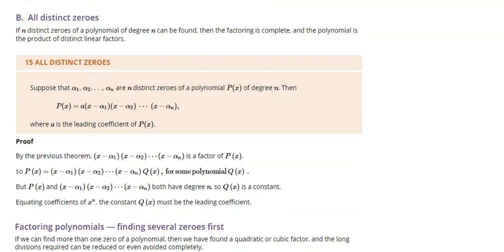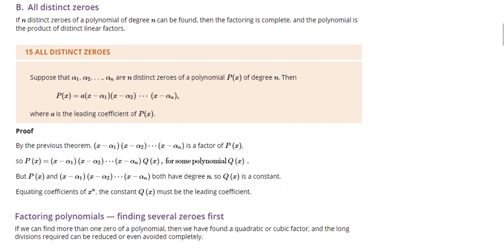Again, what we go through is a lot of background info that doesn't necessarily come up in the questions, but is useful for establishing the grounding. If n distinct zeros of a polynomial of degree n can be found, then the factoring is complete. Obviously, you can't have more zeros than the degree of the polynomial.